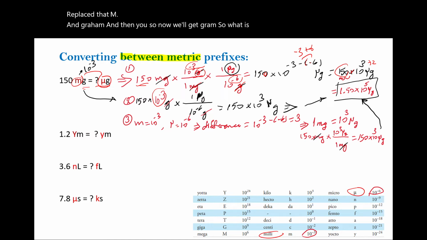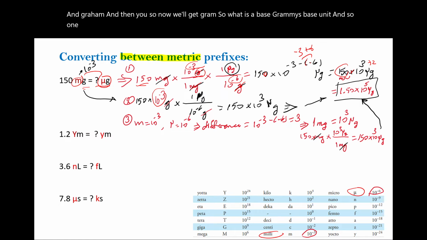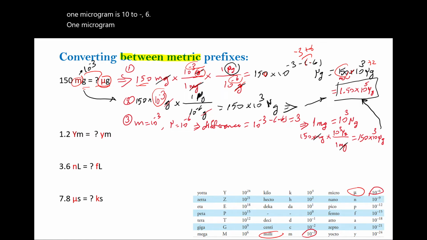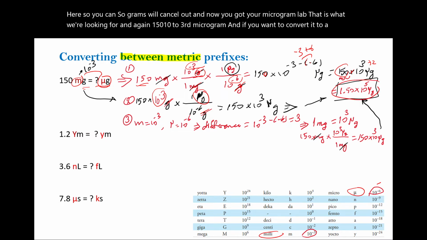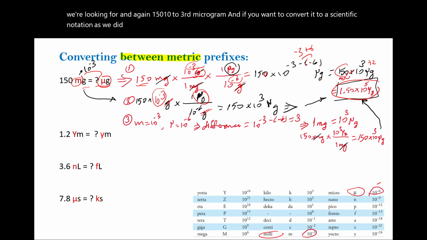Gram is the base unit, and 1 microgram is 10 to negative 6 gram. So grams will cancel out, and now you have microgram left, which is what we're looking for. Again, 150 times 10 to third microgram, and if you want scientific notation, you can do that as we did here.